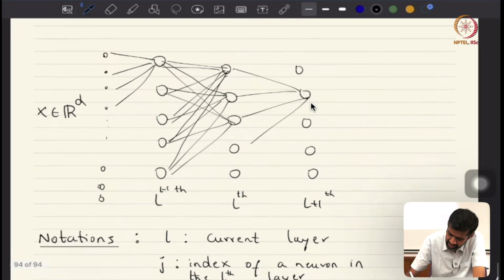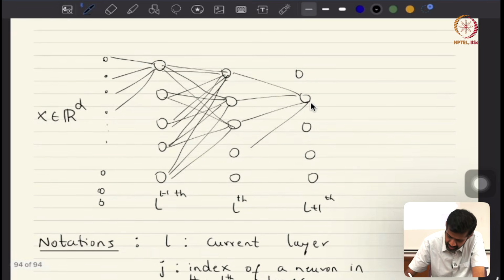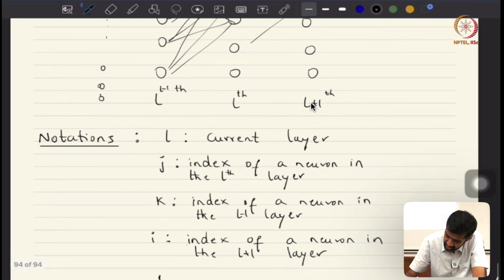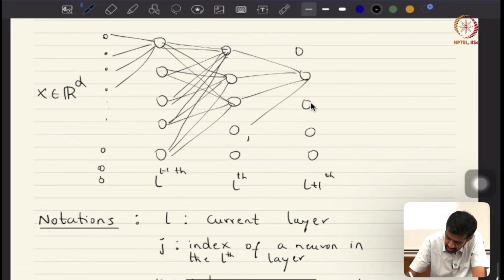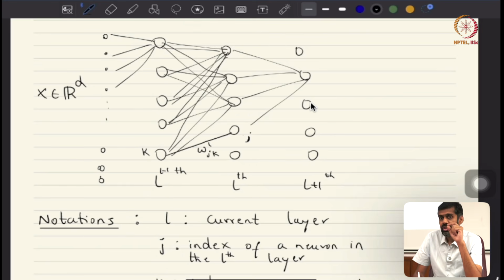So, let us say that this is the neuron that we are talking about, it becomes too messy. If this is the K or J, what is this? This is J, this is the jth neuron and this is the kth neuron, and there is a weight that connects these two, and this is W jk. So this is an element of that particular matrix that we are looking at. Is that all right?